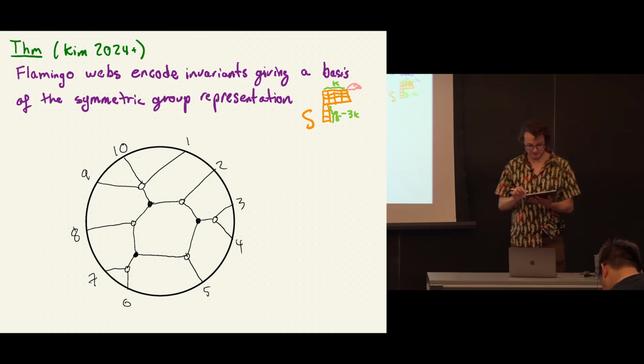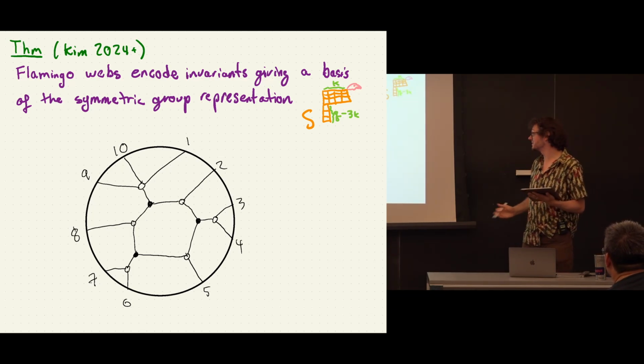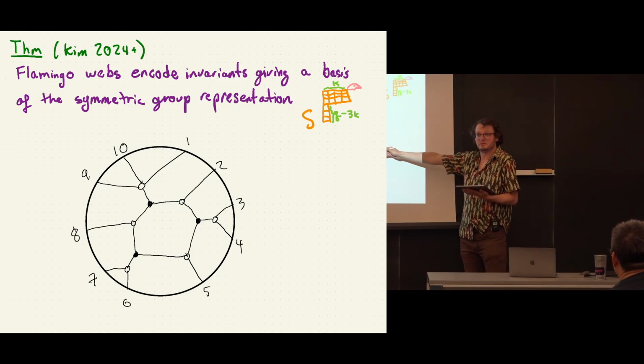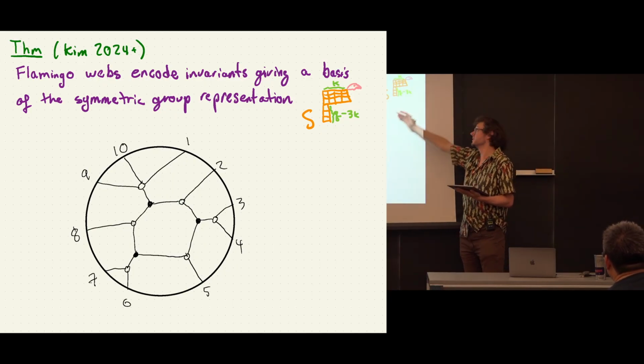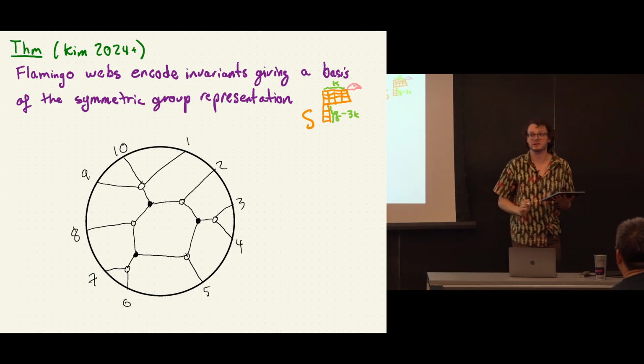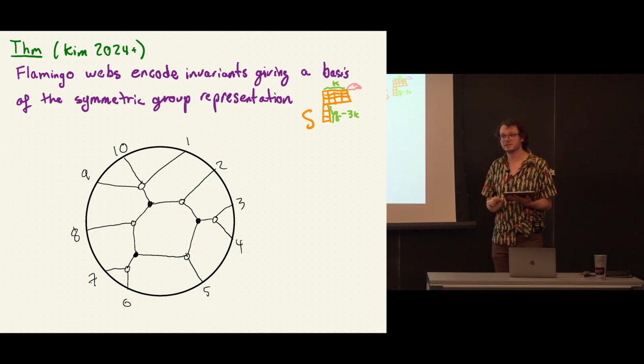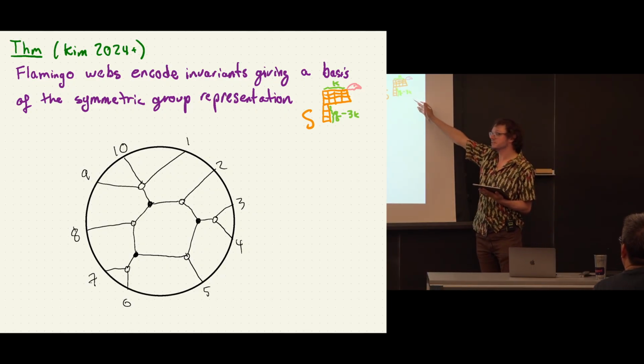And he has these objects, and it turns out that the number of these objects is exactly correct to be the dimension of this representation. And he can actually write down an invariant corresponding to each one that's producing a basis inside here that works in good ways. It's very surprising. Okay, but this can't actually tell us the tableaux theory because this dimension is not equal to the number of increasing tableaux.